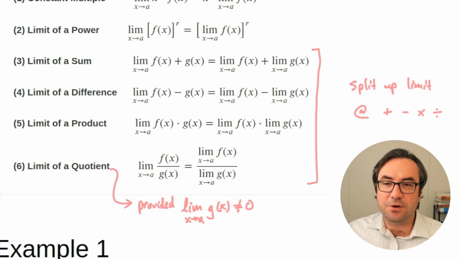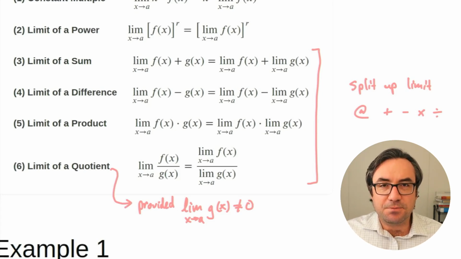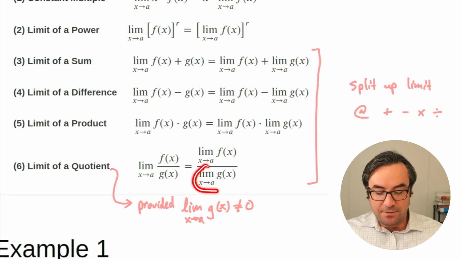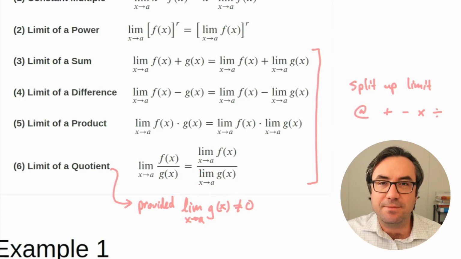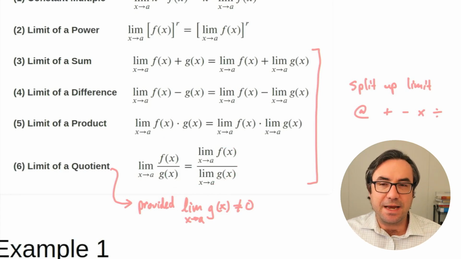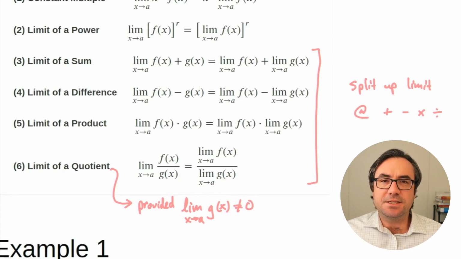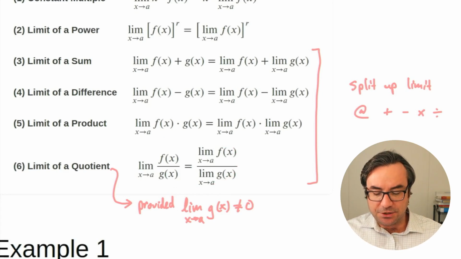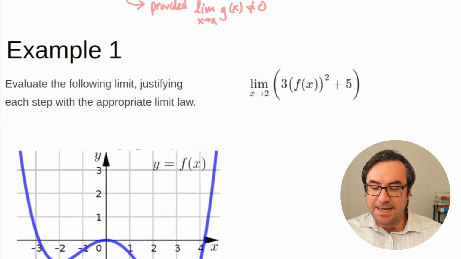So that limit of a quotient, we can split it up as long as we're not eventually dividing by 0. So we just have to be careful with division by 0's. All right, so let's see how these limit laws actually work. So we're going to try an example here.